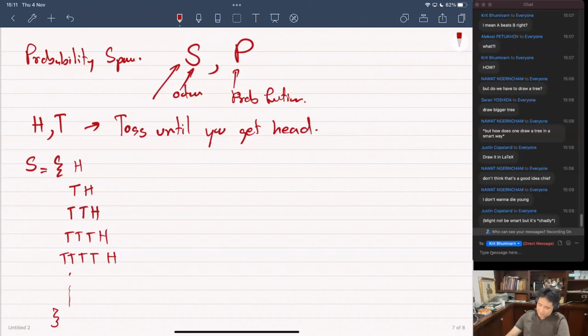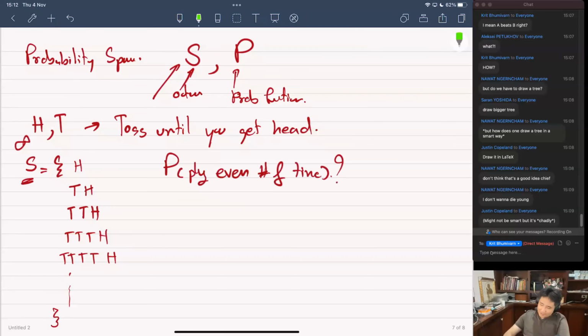Let me ask you the following. This is a sample space, and you know that this thing is infinite. I ask you the following: what is the probability that we're gonna play an even number of times?